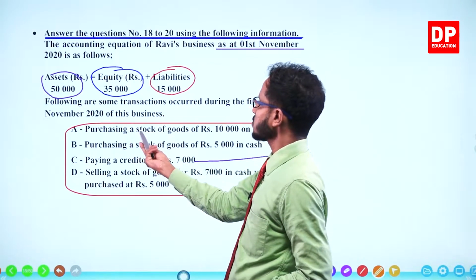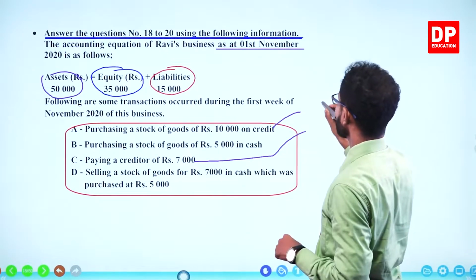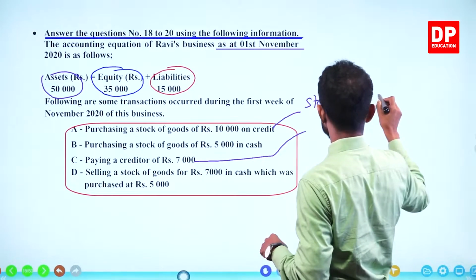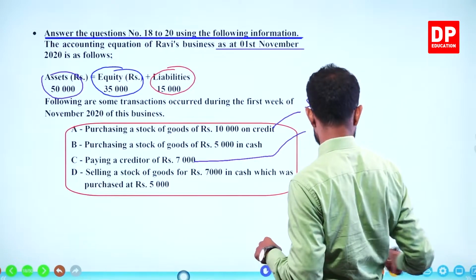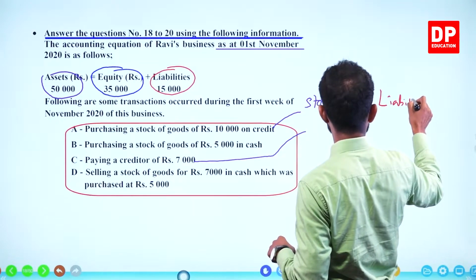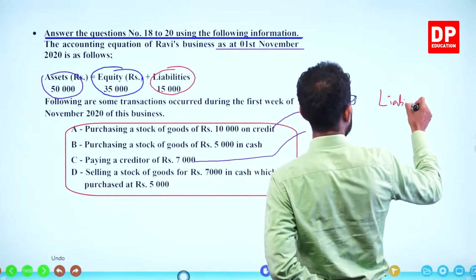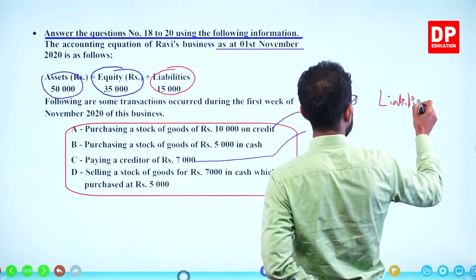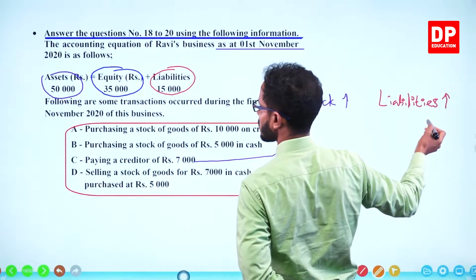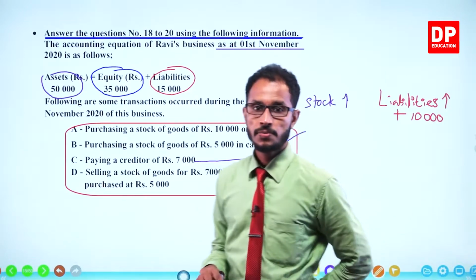Because of purchasing stock on credit, stock increases and liabilities also increase, by 10,000. Got it?